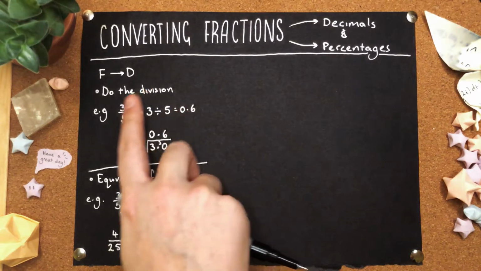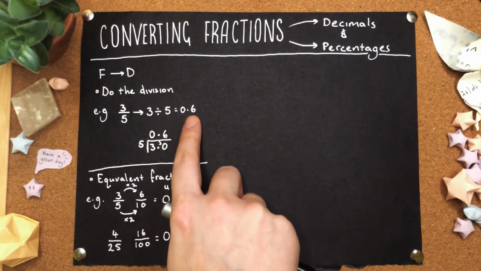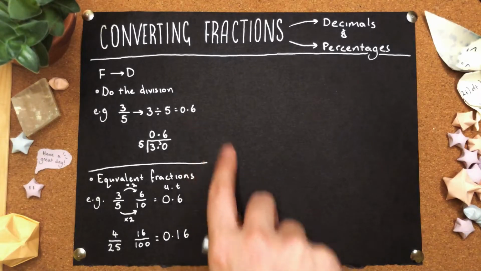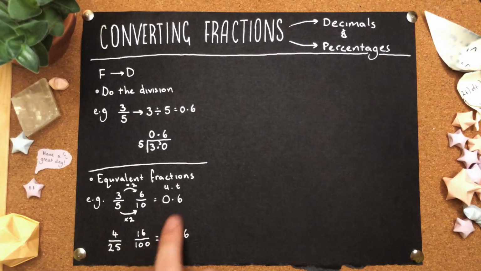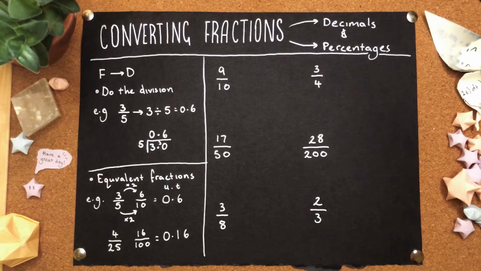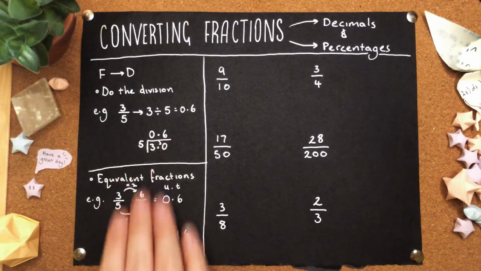So two methods: doing the division, which works for any fraction, turning it into a decimal, or if you notice that the denominator of your fraction can easily be scaled up to 10, 100, 1,000, then equivalent fractions is your second method. Take just a second on these sums here and decide which of these methods you would use.